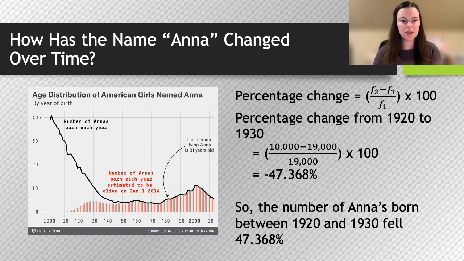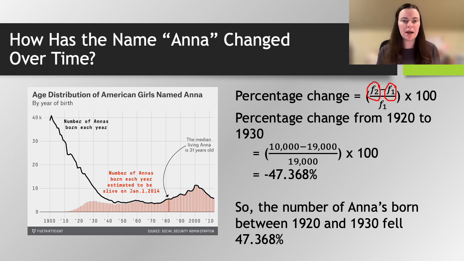Percentage change is actually fairly easy for us to calculate. All that we have to identify is our first frequency, designated by F1, and our second frequency, designated by F2. In terms of percentage change, F1 is going to represent our first time period. Our frequency 2 is going to represent our second period of time.